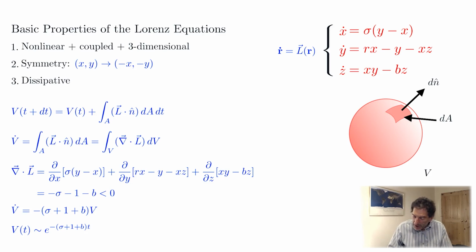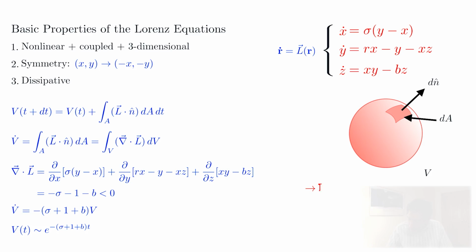So what are the implications of this very powerful statement? The first point is that from this we see that there can be no limit cycles, because a limit cycle does not obey volume shrinking. There can also be no unstable fixed points, because if I did have an unstable fixed point, then the flow would be outward and there would be volume expansion. What it means is that the fixed points can only be of two types.